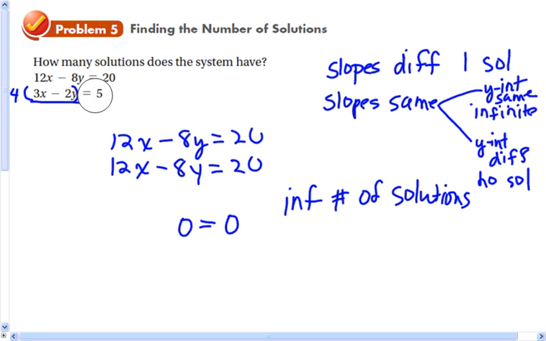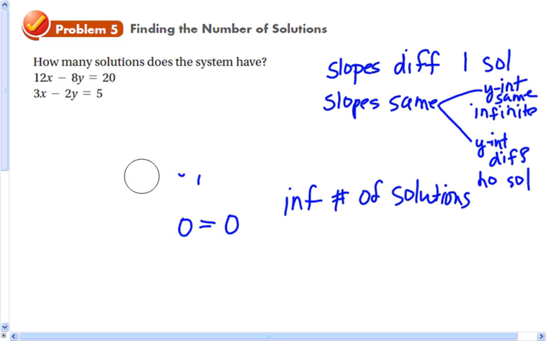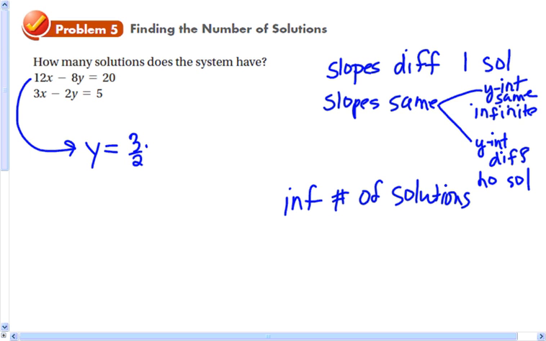And if we were to solve these for y, I'm going to do this quickly, but in the first equation we would get y equals 3/2 x minus 2.5, or 5/2.